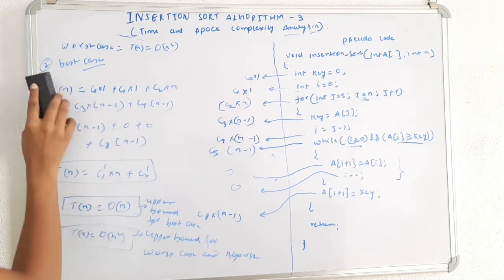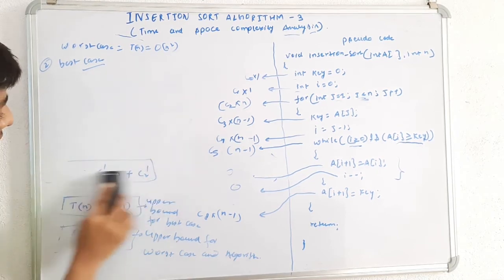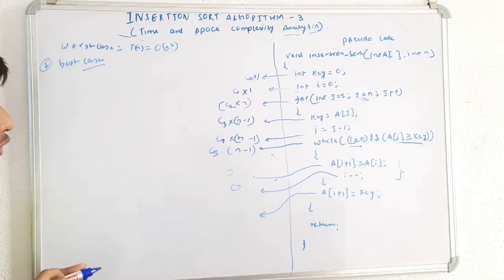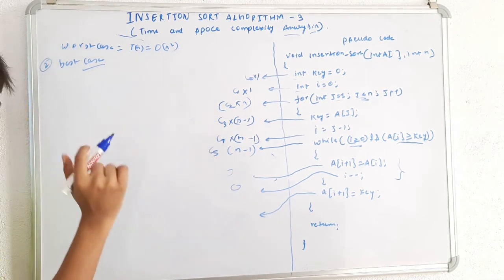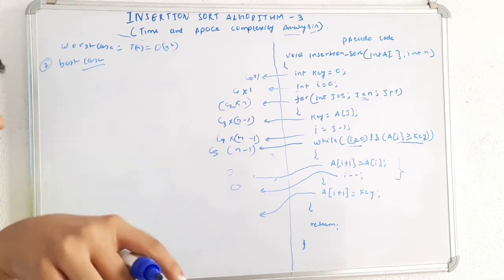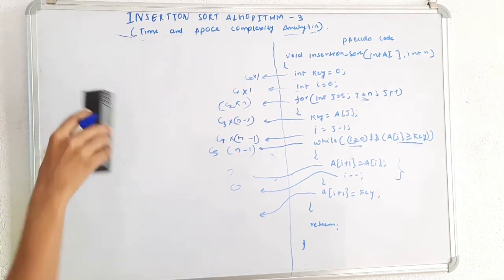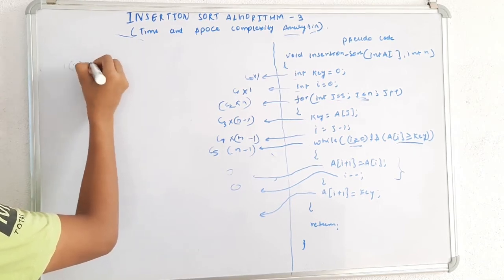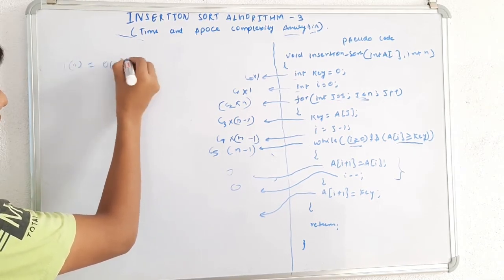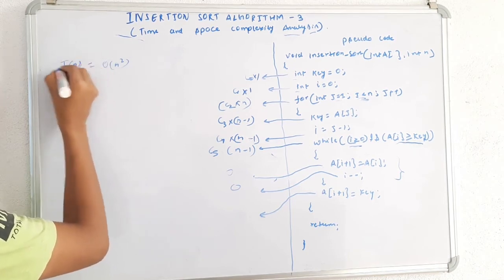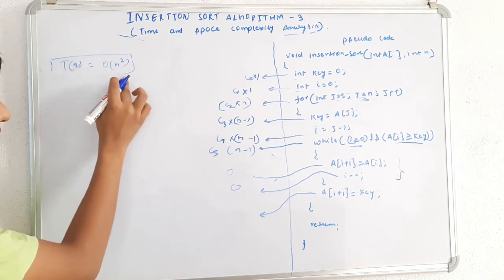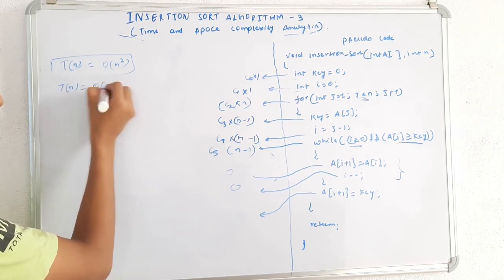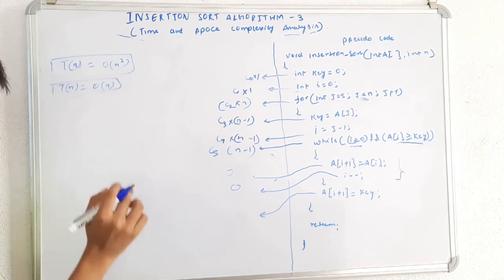Now let's see the different ways you can denote the running time for this insertion sort algorithm. First, we can write t of n is big O of n square, and explicitly mention that this is the upper bound for the worst case, and t of n equals big O of n, which is the upper bound for the best case.